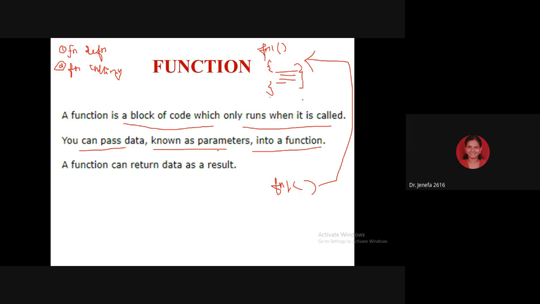So what is this parameter passing from function calling to function definition? Suppose I am passing a value 2 from a function calling to function definition, these parameters should be given inside the parentheses. When you give a parameter, it can be an integer data type, or a float data type, or even a string.